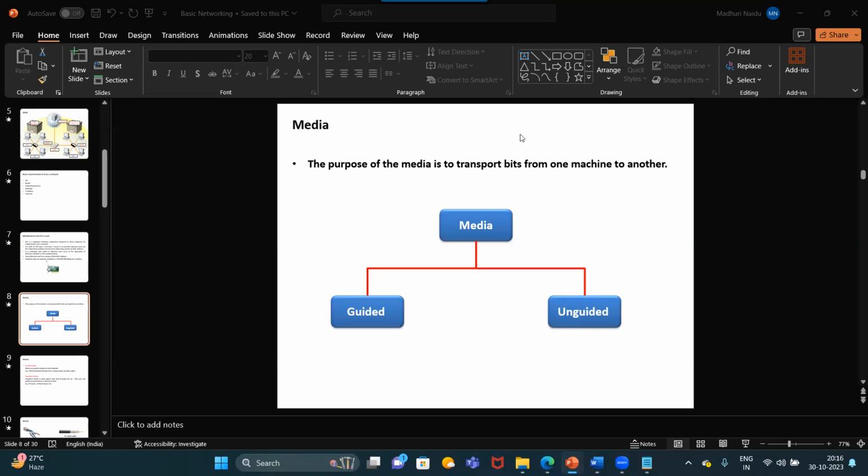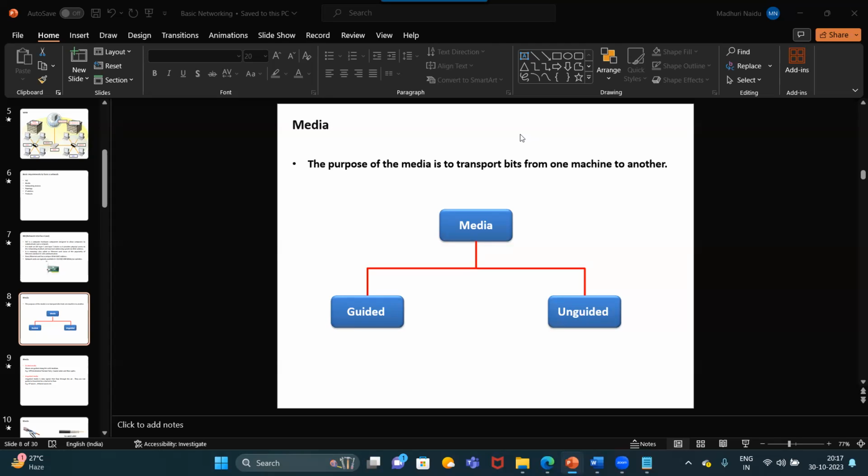Unguided media means it will transfer the data from source to destination, but it will not maintain any specific direction.